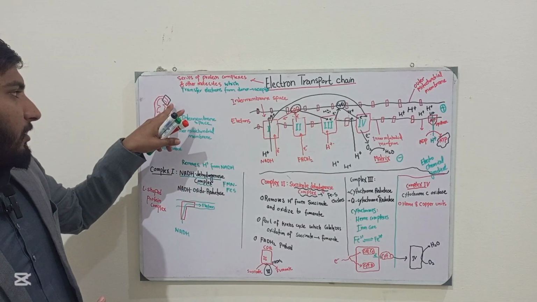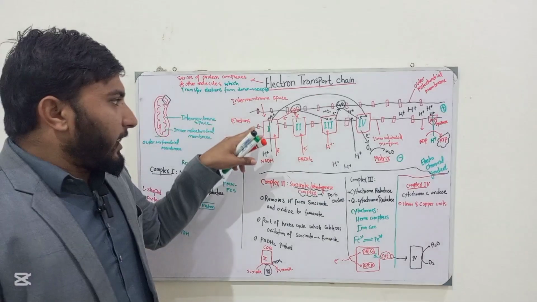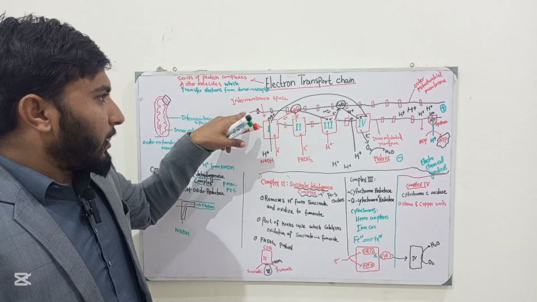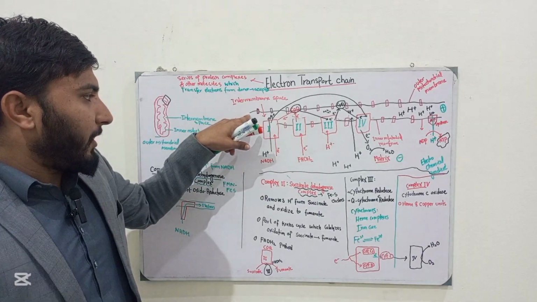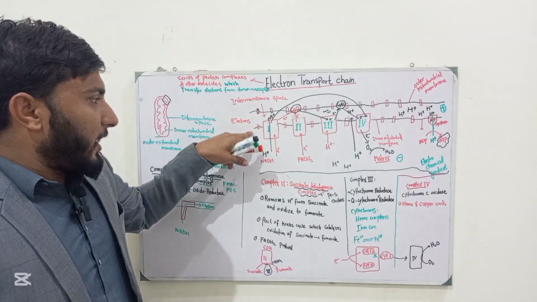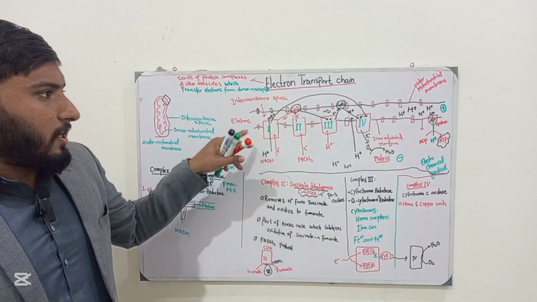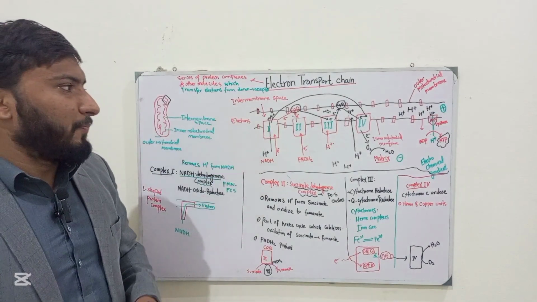If we see the cross section of the mitochondria, here is the outer mitochondrial membrane and here is the inner mitochondrial membrane, and the space between these two membranes is called the intermembrane space.